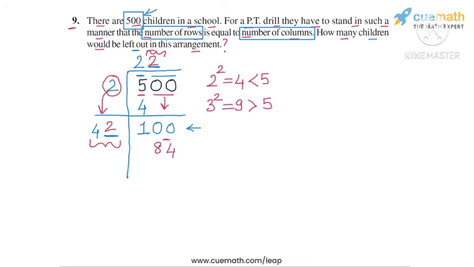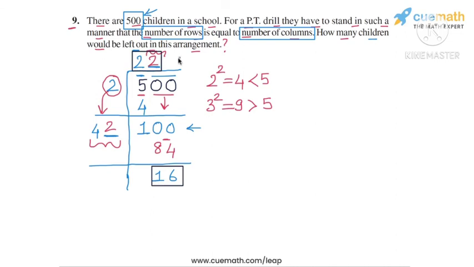So 84 comes here, and now we subtract again, and this gives us the remainder as 16. And now because there are no more digits left in the original number 500, the division process terminates at this point. Okay, and we obtain a quotient of 22 and a remainder of 16.